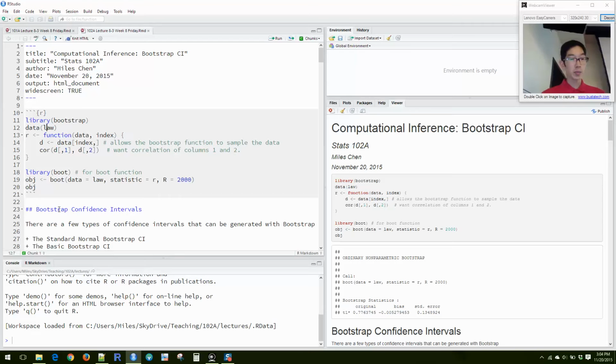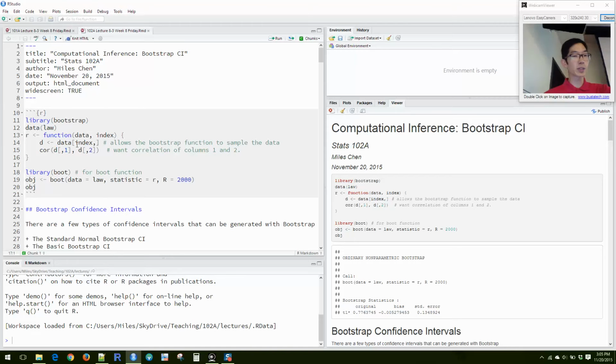Okay, and we showed how to use the boot function as part of library boot, which involves us loading a function called the statistic function, and in our case, the statistic we're calculating is the correlation, and that involves taking the data and a vector of indices, right?